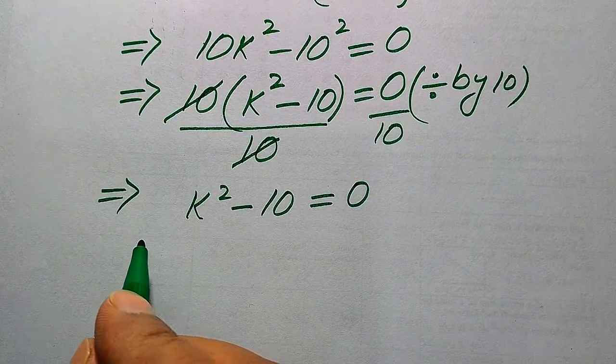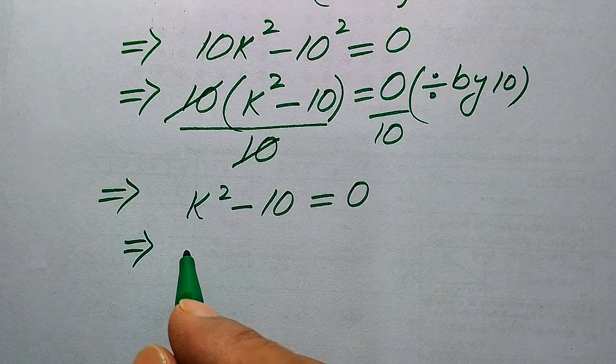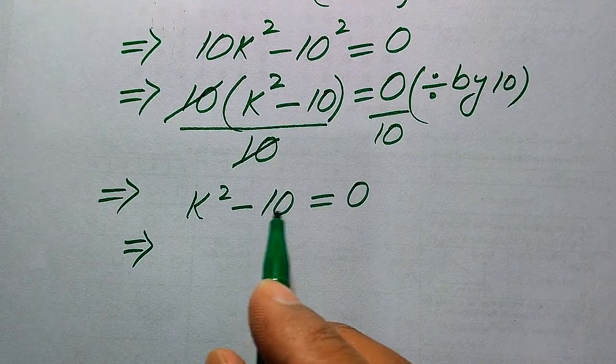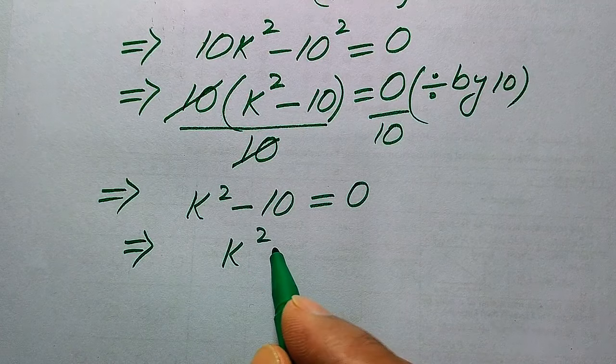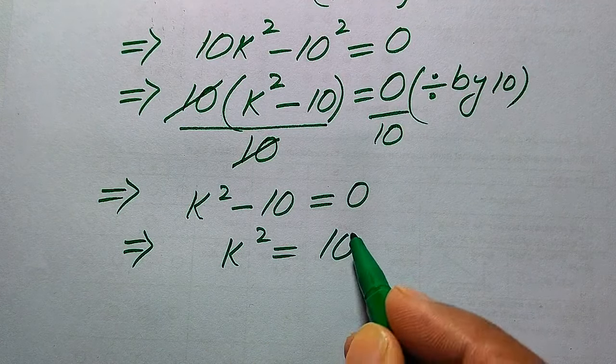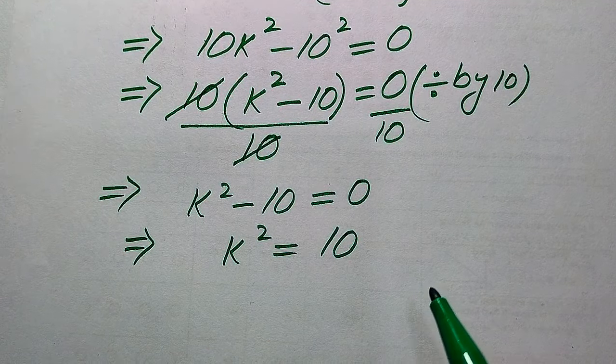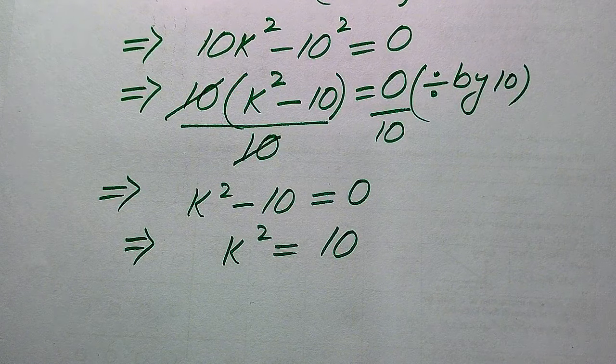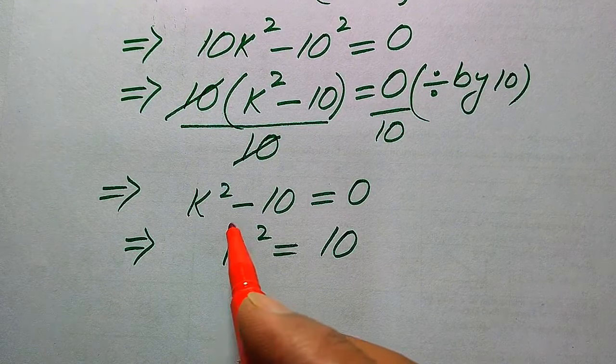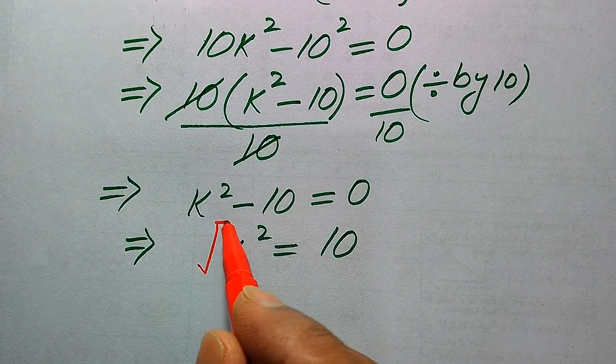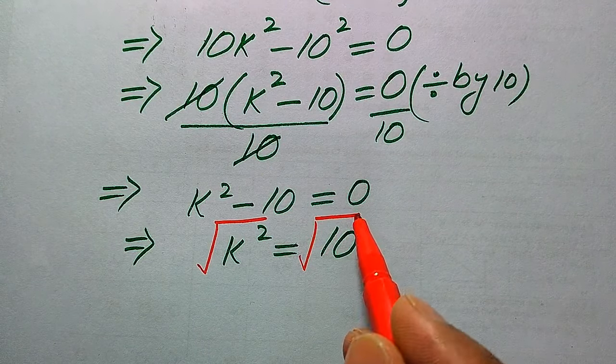Now in the next step, our target is to find the values of k. So for this we move this minus 10 to the right hand side, and it will be written as k squared is equal to 10. For the values of k, we need to remove this square sign from the left hand side, and for this we apply the square root on both of the sides.